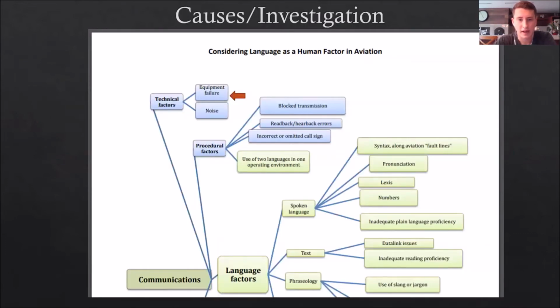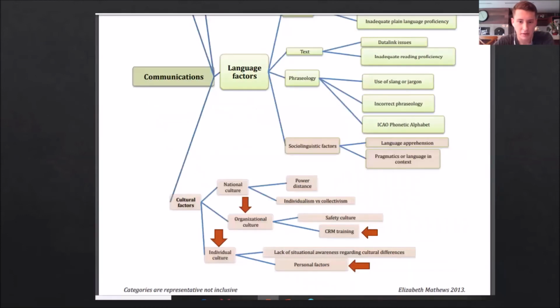So here I have this diagram. I selected some factors that I think were reasons for the accident. Equipment failure: it didn't show the right selection mode about the go-around or the autopilot. And in this part I have CRM training, with a lack of communication between the first officer and the captain.